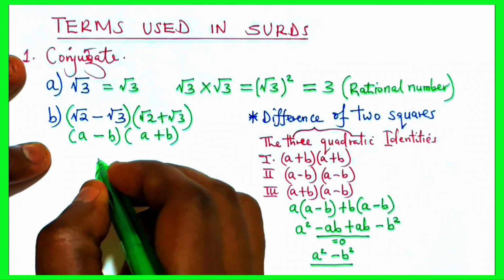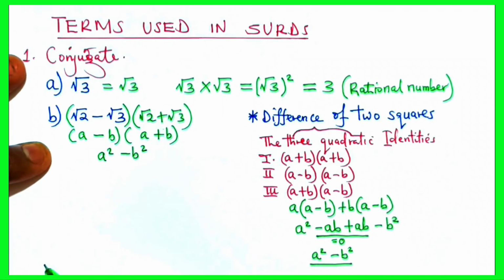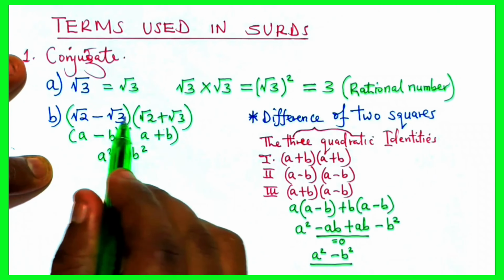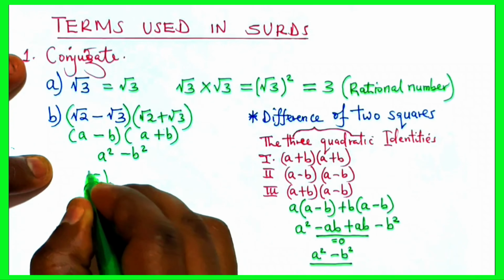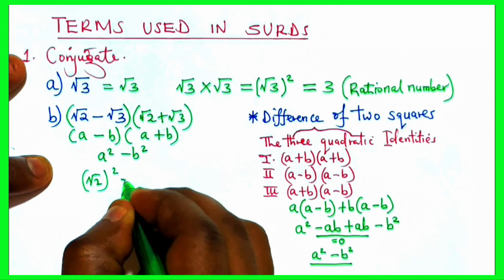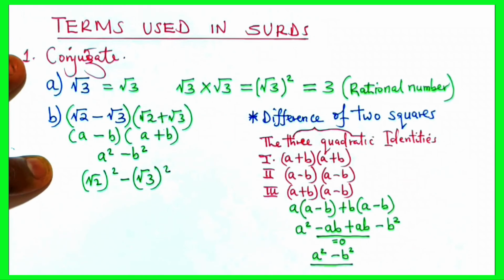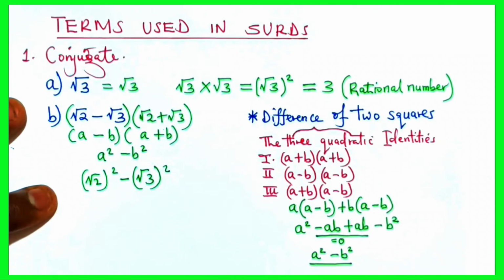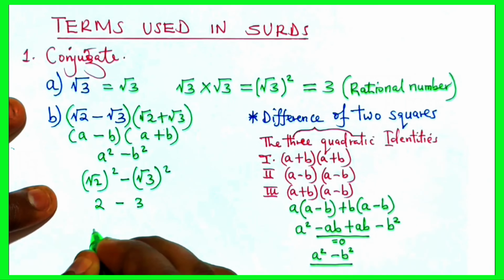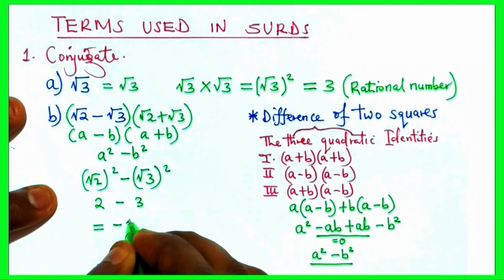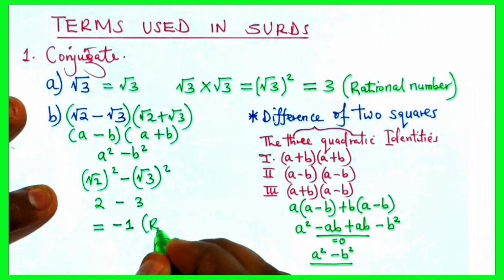And since the solution here is a squared minus b squared, we'll be in a position to say that the expansion here will simply be root 2 squared to subtract root 3 squared. And the solution here will be 2 minus 3, which is equal to negative 1. And negative 1 here is a rational number.